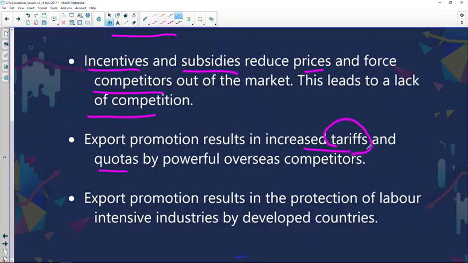And then also export promotion results in the protection of labor. So we've got the protection of labor and intensive industries by developed countries.